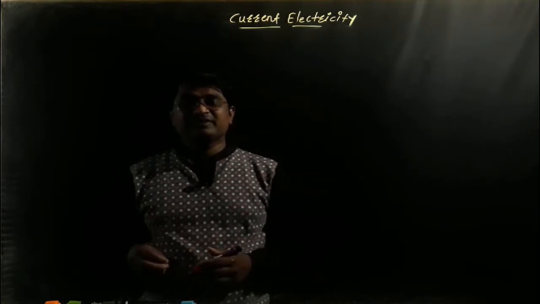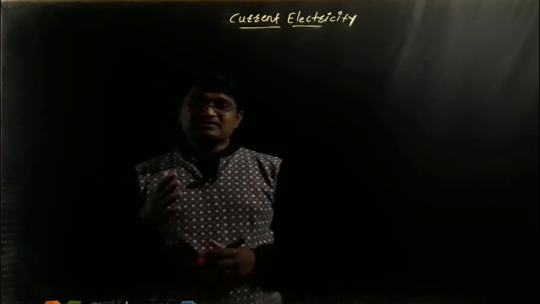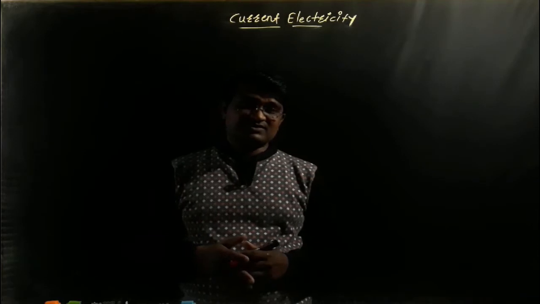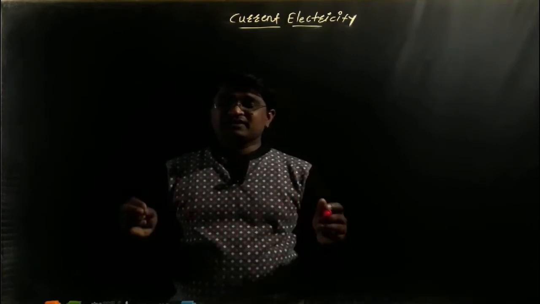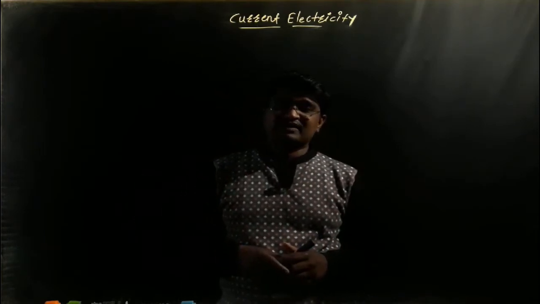We find the unknown resistance of a given wire by using the meter bridge. We know that the meter bridge is a modification of Wheatstone's network. It consists of a long 1 meter wire having uniform cross section, stretched on a rectangular wooden board along the meter scale.